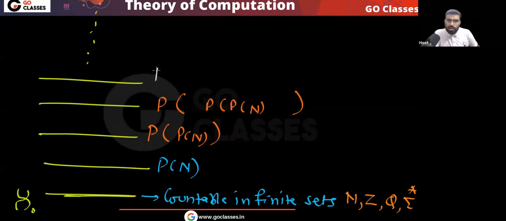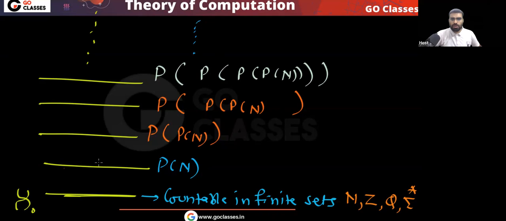Then the power set of that, and so on. Infinite levels of infinity you got. Is this clear?